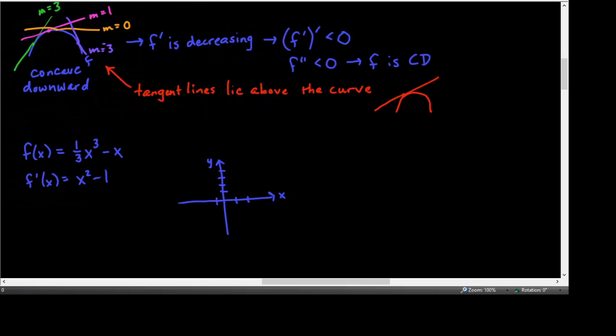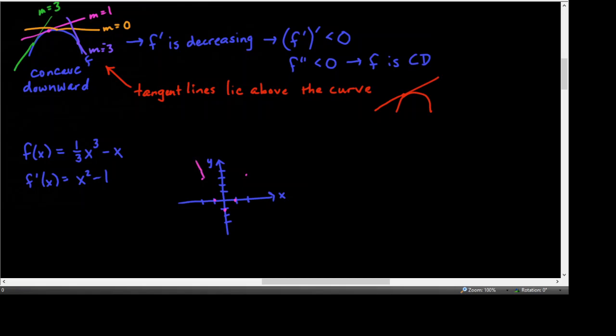So let me set this up. Oops, those marks are not spaced the same way. There we go, that's a little bit better. Okay, so that function is going to go like this. Oops, made that one too high. Pretty close, but not quite right.